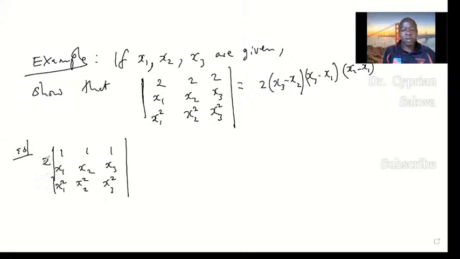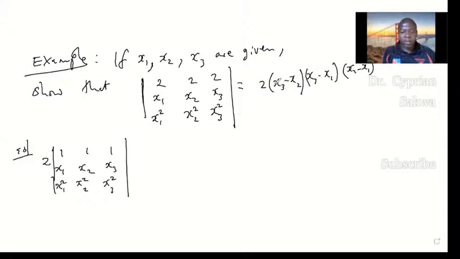I factored this 2 out because I know that if I take a constant multiplied by a row, the determinant of the new matrix will be the old determinant times 2. Now, this is what I want to achieve.